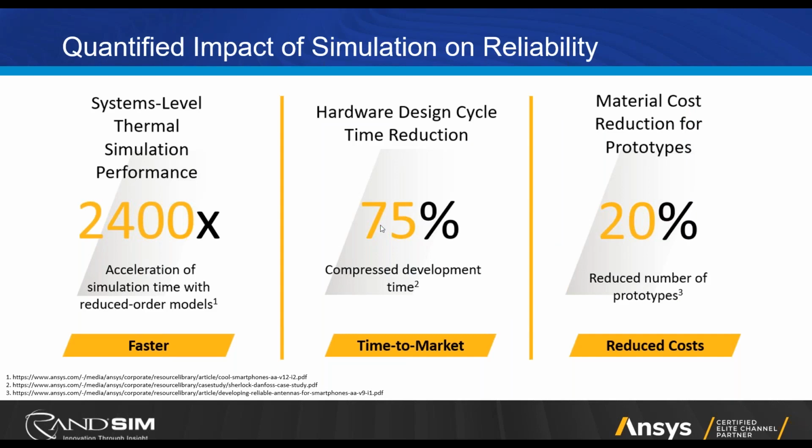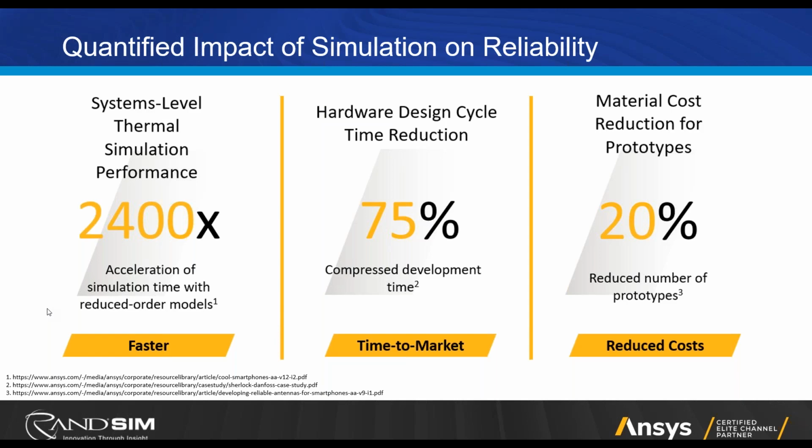And we can quantify how simulation can reduce that design cycle. Using reduced order models, which is something we might talk about after the presentation, we can increase our simulation speed and run simulation design cycles at just a fraction of a fraction of a fraction of the time you might take to do the same tests on the bench.